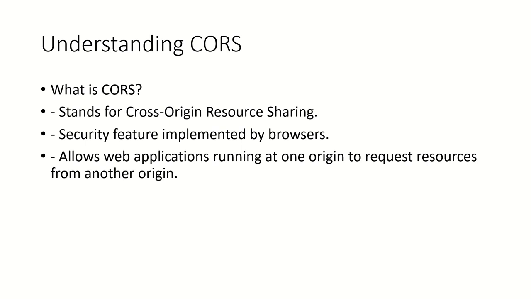It stands for cross-origin resource sharing, and it is a security feature implemented by the browsers. It allows a web application running at one origin, like the front-end running on port 3000 and the backend running on port 8080, to request a resource from another origin. So this is what CORS is.